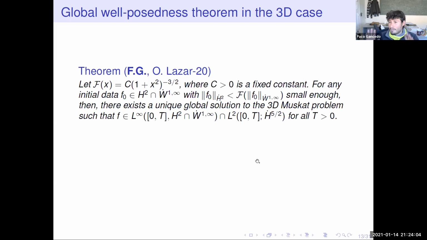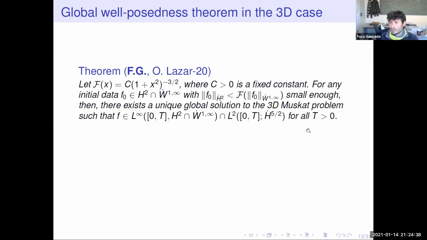An important feature here is that this result is critical. In this setting we can have a global solution for 3D Muskat, and my interface, the function f, is in this setting. So we preserve the initial space, and also we have smoothing, which we measure in Sobolev. We have a solution here for all time.